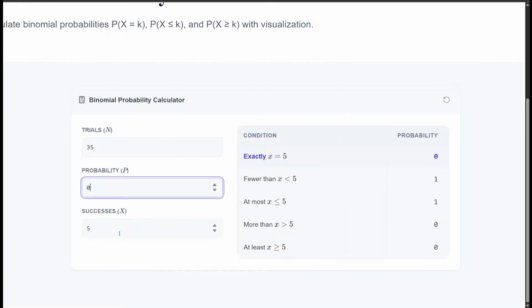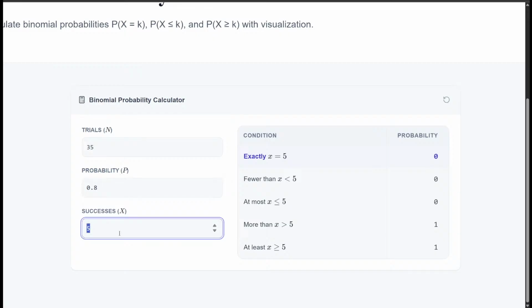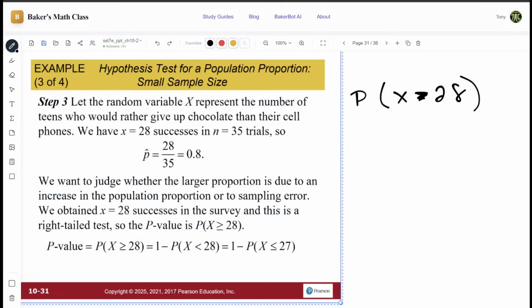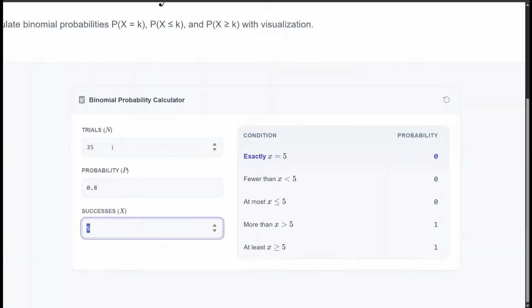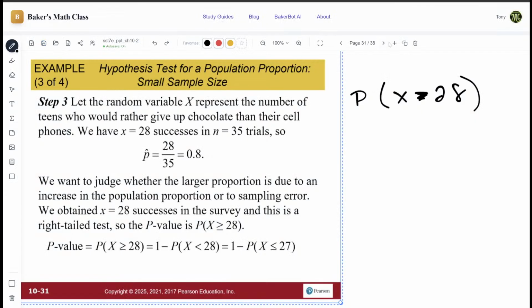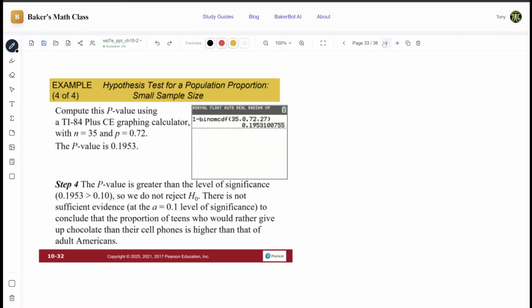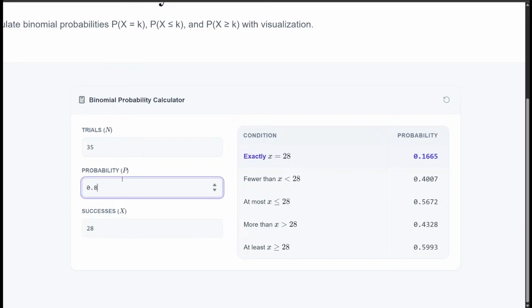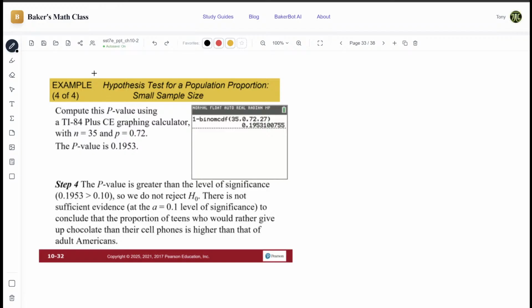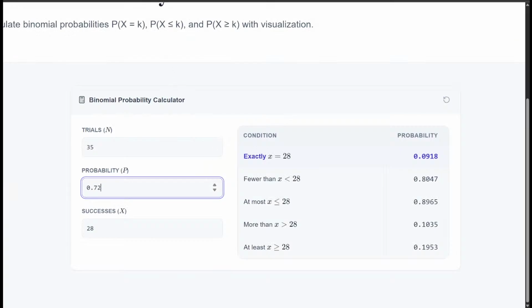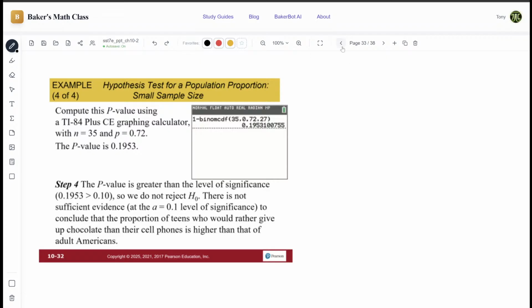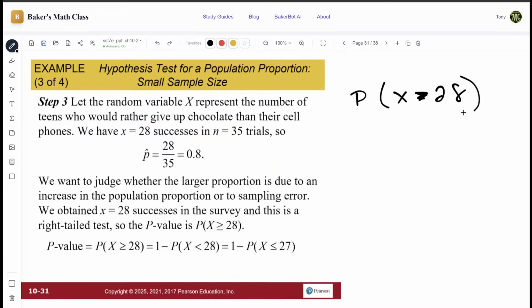The probability is 0.8. And we had 28 successes. Oh, sorry, the probability is 72%, sorry. 72%. So I want greater than 28.